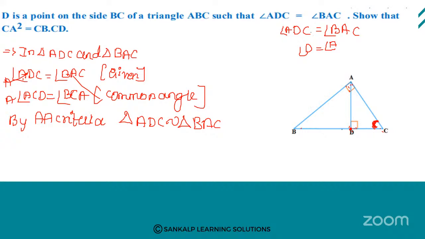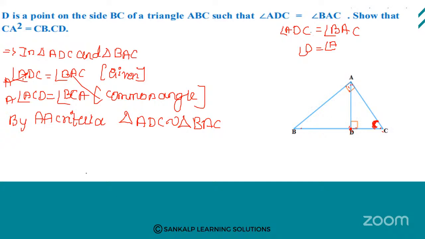So here, which two sides are corresponding sides? CA and CB. These two are corresponding sides. And CD and CA. These two are corresponding sides. In triangle BAC, CA and CB are corresponding sides. In triangle ADC, CA and CD are corresponding sides.